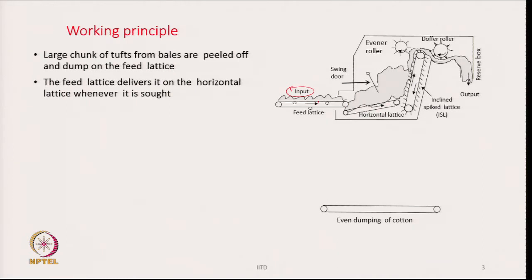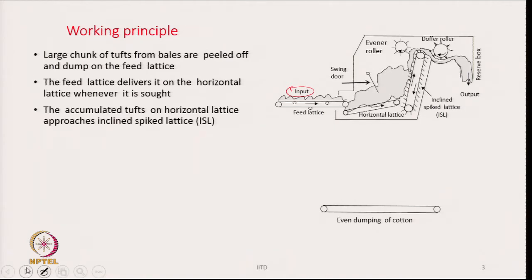The feed lattice is outside the machine, while the horizontal lattice is inside the machine. As you keep on feeding the tufts inside the machine, the tufts will come and accumulate here, and gradually a large mass of tufts will accumulate there.